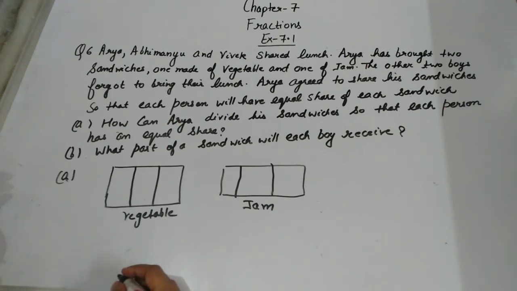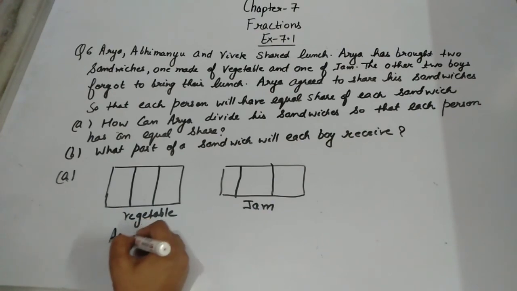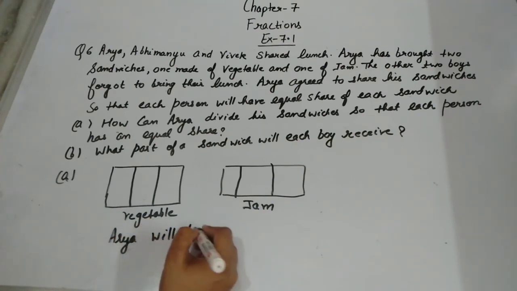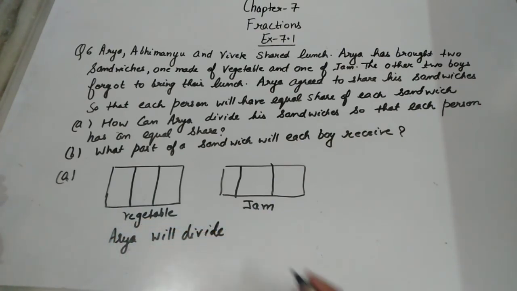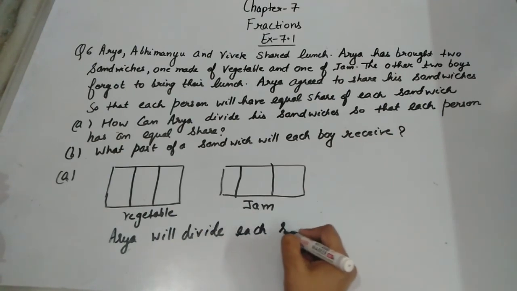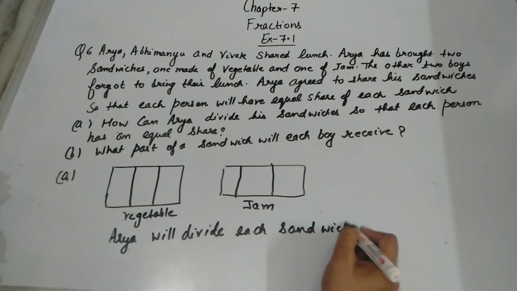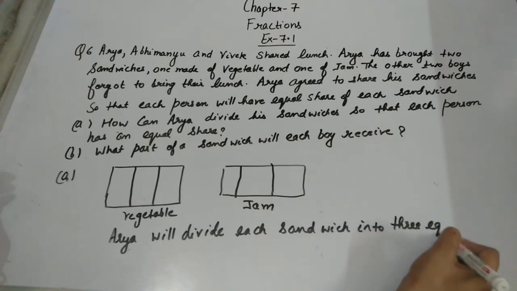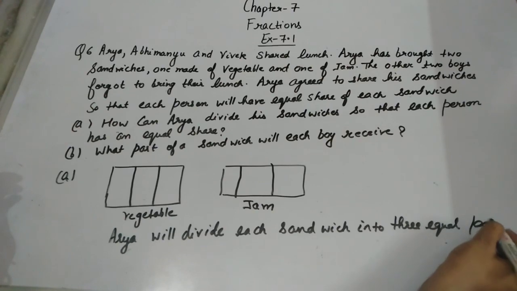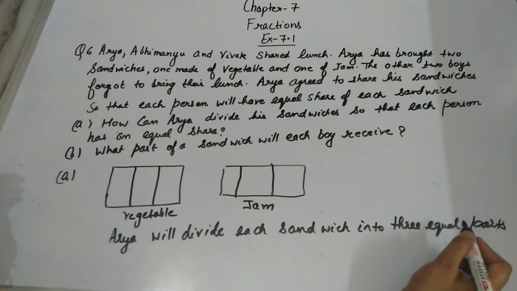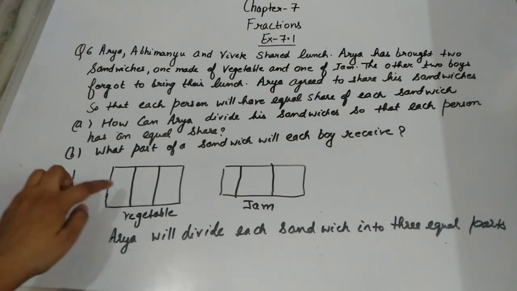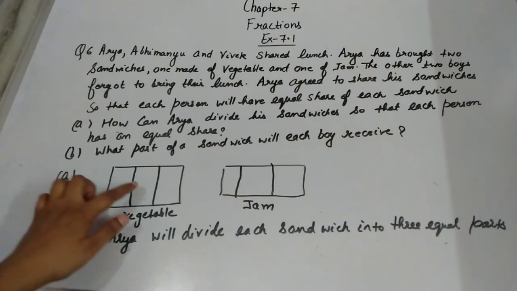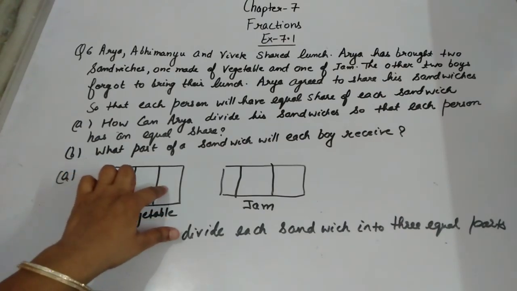So you will write that Arya will divide each sandwich into three equal parts, and give one part of each sandwich to each one of them, like this part to Arya, this part to Abhimanyu, this part to Vivek.